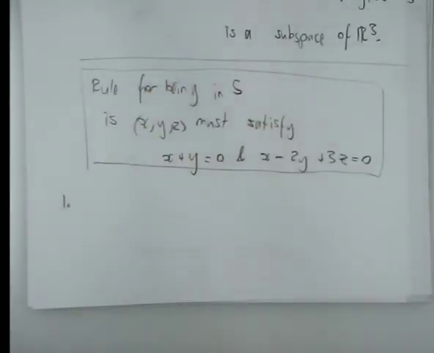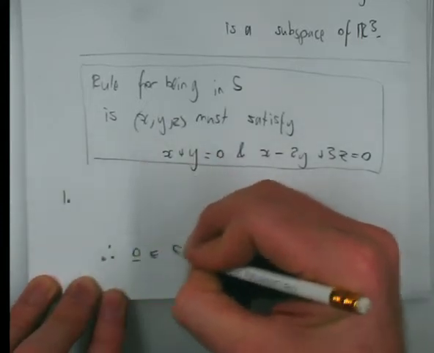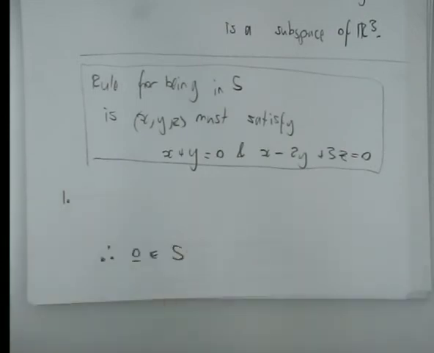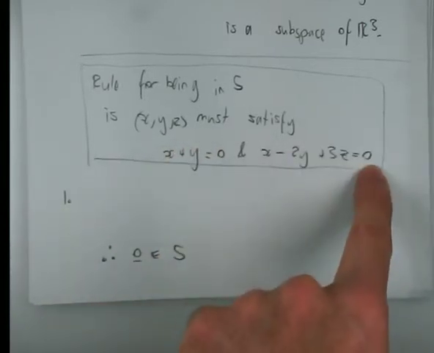So law number 1 for subspaces is that the 0 vector has to be in S. So I'm supposed to do some working and conclude, therefore, the 0 vector is in S. And I need to fill in some working here. That's what I'm aiming to achieve. So, well, the rule for being in S is that the coordinates have to satisfy these equations.